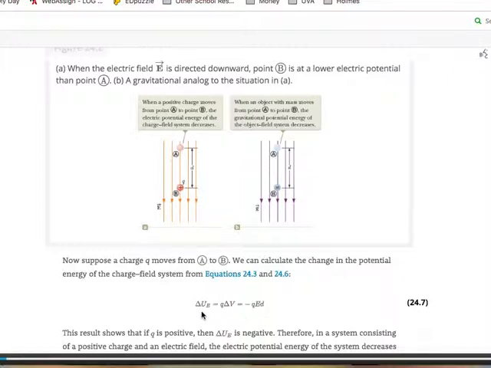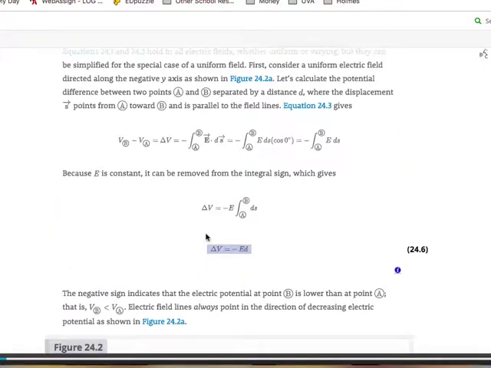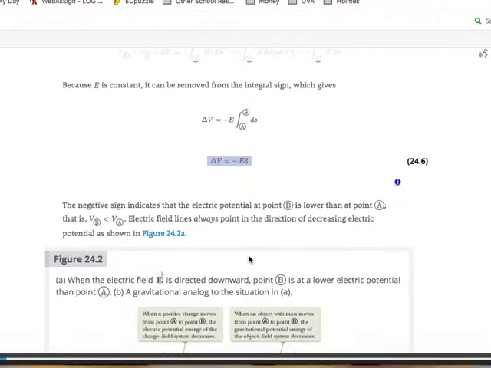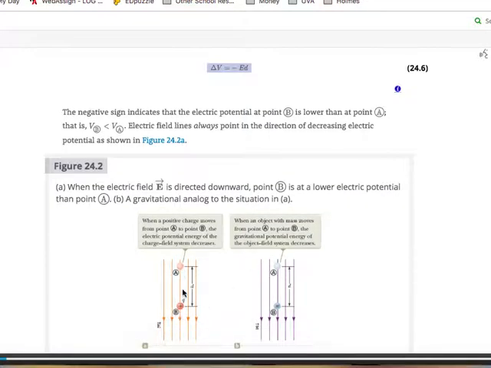And here's the relationship. Again, the change of potential energy is Q delta V, which is negative QED, like the change of voltage is the negative of the electric field times distance. So if you move a charge through an electric field some distance, then that gives you its change of voltage there.